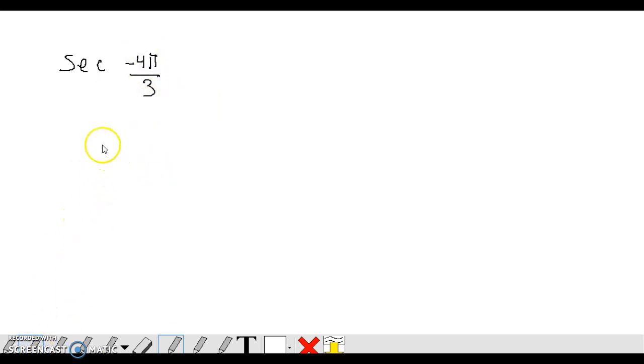The first thing I want to do is convert this using 180 over pi. Notice again I used a 3. I didn't mean that on purpose, but chances are the reference angle will be 60 degrees, so we'll start to notice things like that. So pi and pi cancel out. I know that will give me 60, so this will give me a negative 240.